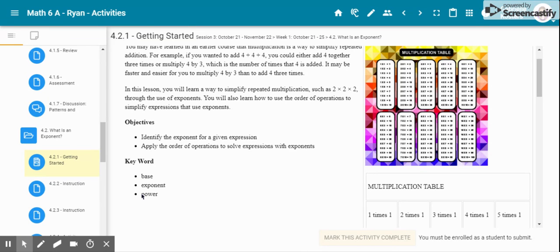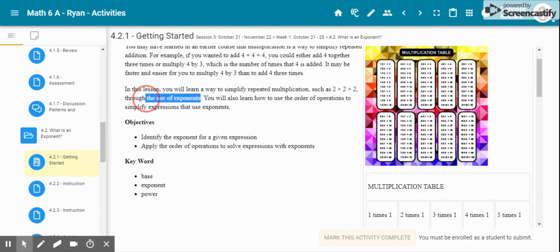If you are taking notes, now would be a good time to pause the video and write down these keywords, that the use of exponents is a way to simplify repeated multiplication. So if I were to write notes on any of this information, that's something I would pull out.